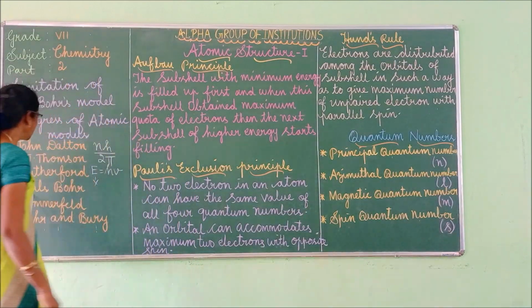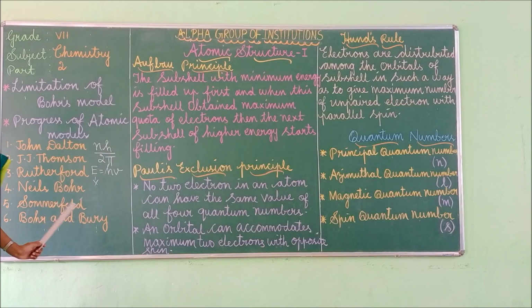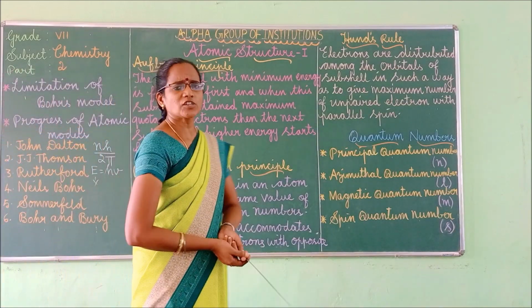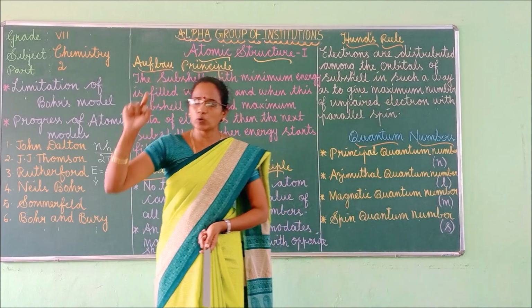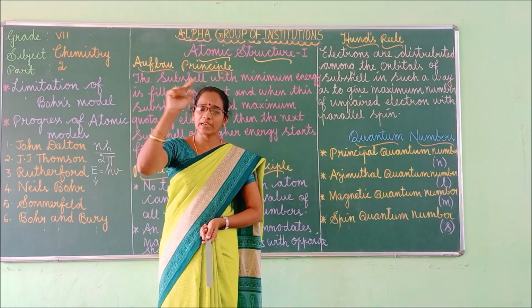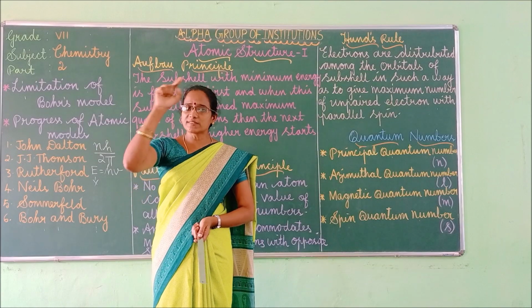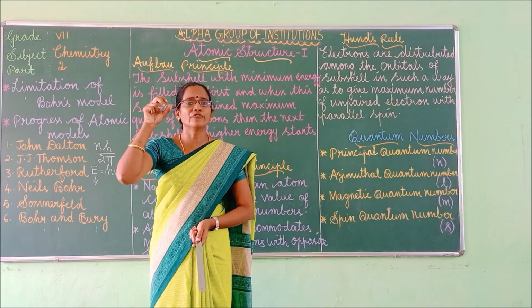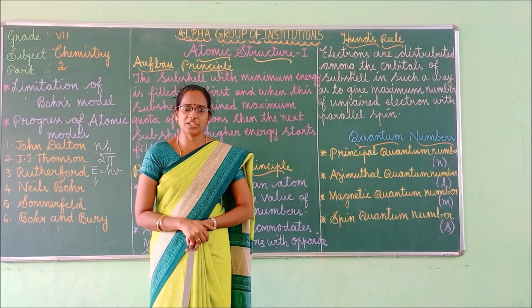Next one, Niels Bohr. In 1913, Niels Bohr proposed that electrons revolve around the nucleus, which is present at the center of the atom, in different orbits with some fixed amount of energy.